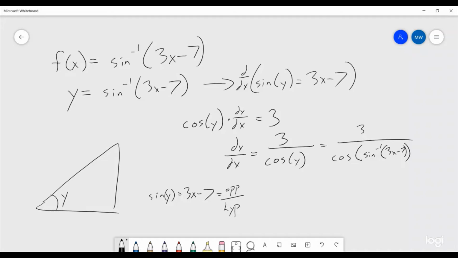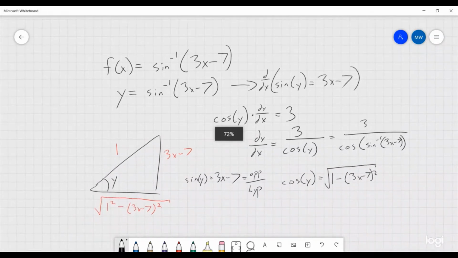So if we make our hypotenuse 1, and our opposite would be 3x minus 7, then this last side is the square root of 1 squared minus 3x minus 7 squared. Cosine is adjacent over hypotenuse, so cosine of y is going to be the square root of 1 minus 3x minus 7 squared.